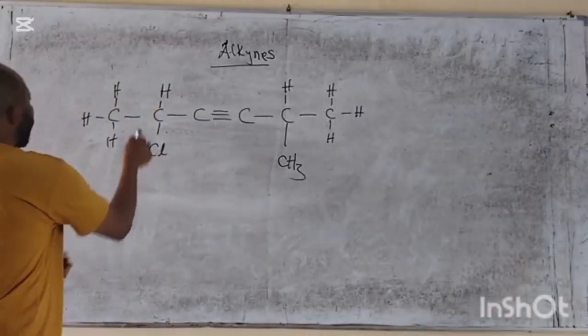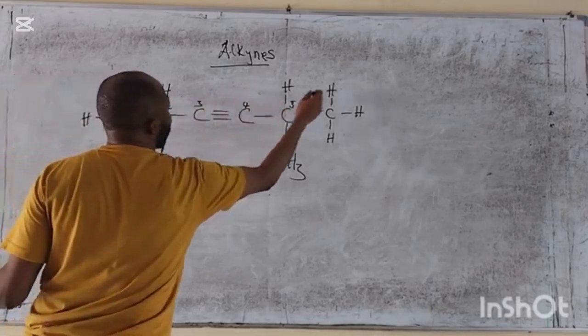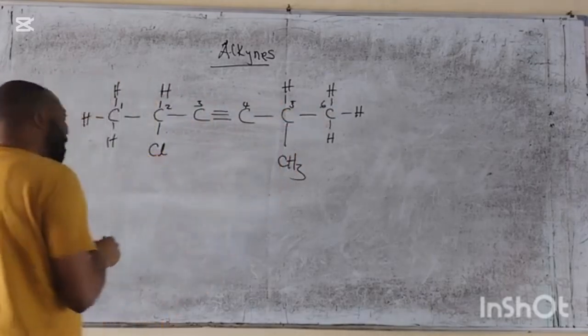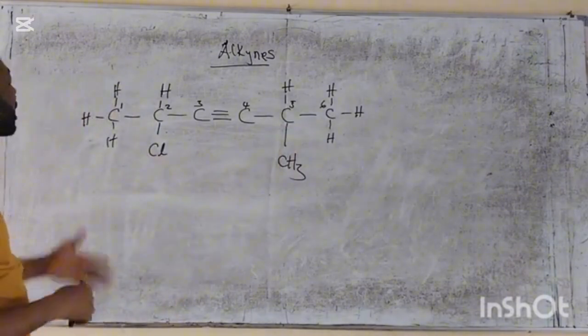So therefore, I have my 1, 2, 3, 4, 5, and 6. The parent chain is hexane. Now let's name it.